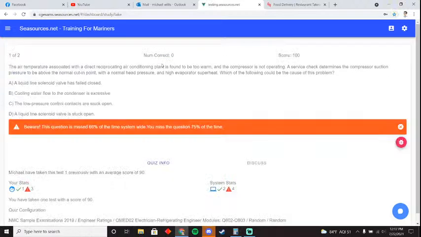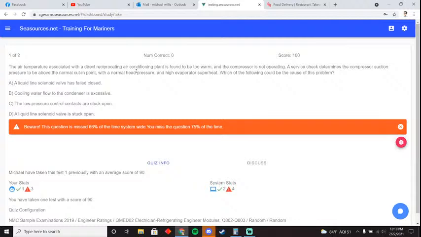Let's see the missed questions. I only have two. The air temperature associated with a direct expansion reciprocating air conditioning plant is found to be too warm, and the compressor is not operating. A service check determines the compressor's suction pressure to be above the normal cut-in point, with a normal head pressure and high evaporator superheat.